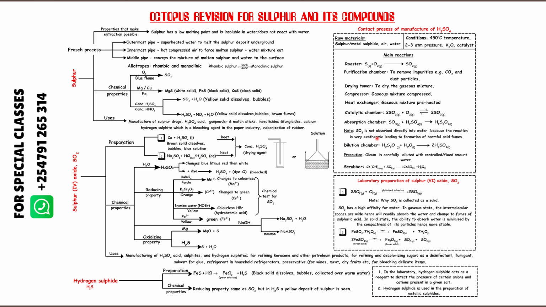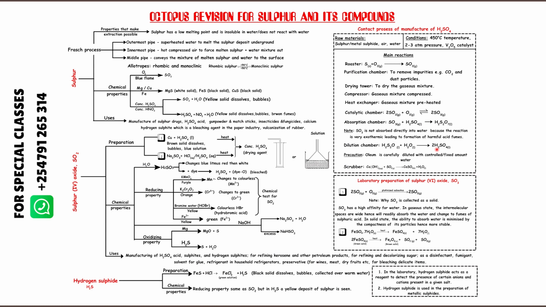When you dissolve sulfur 6 oxide in water, you get harmful acid droplets because the reaction is highly exothermic. So the best way is to dissolve it first in concentrated sulfuric acid to form oleum.